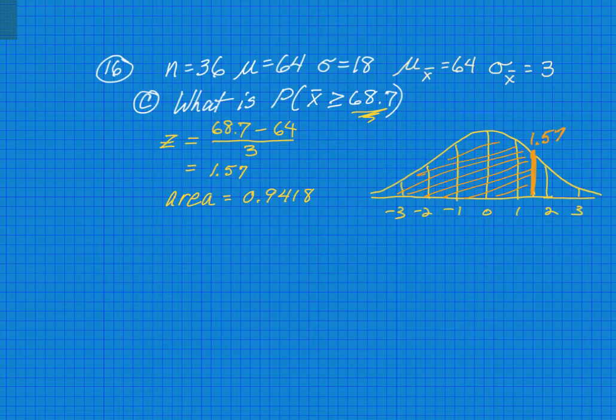However, that's not actually what we are interested in. What we are interested in is when x is greater than 68.7, or to the right of the z-score of 1.57. Therefore, we cannot just accept the area as given.